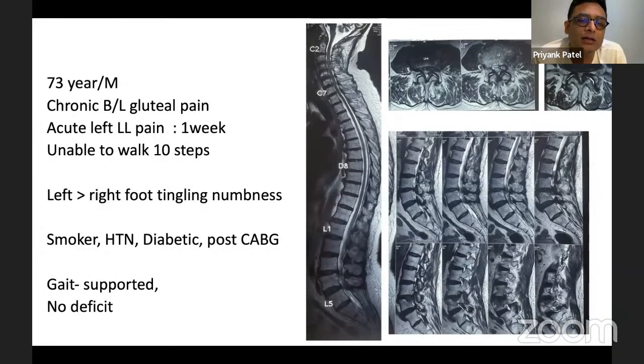If you see that the post void residual is more than 300, it means there is a pre-existent involvement of the bladder, and there is a chance that after surgery the patient will go into something called bladder decompensation, which means that for a couple of weeks the tone of the bladder is going to be less, and the patient who had not come on a catheter might go back on a catheter.